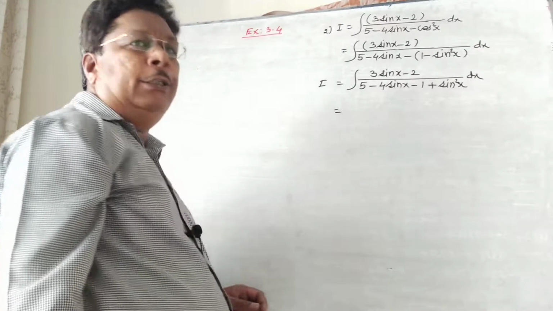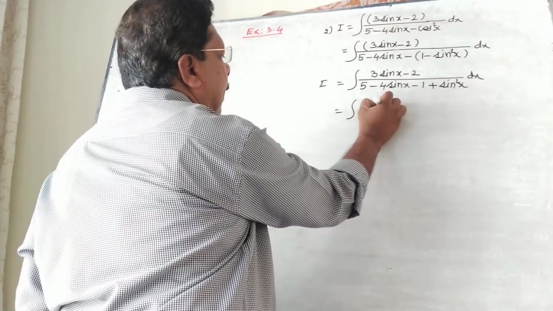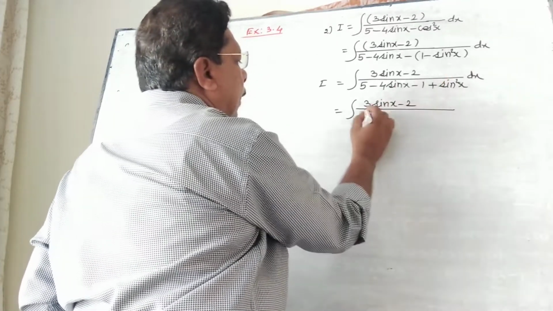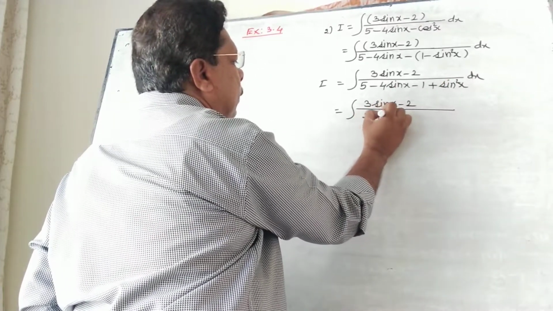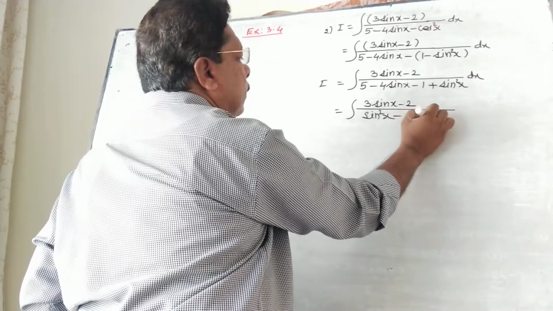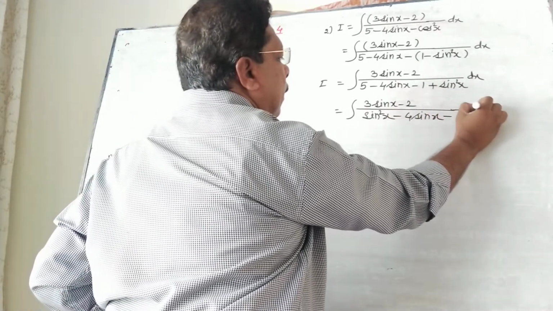Now simplify this. Integration of (3 sin x minus 2) upon, write down sin square x first, sin square x minus 4 sin x, 5 minus 1 is 4, dx.